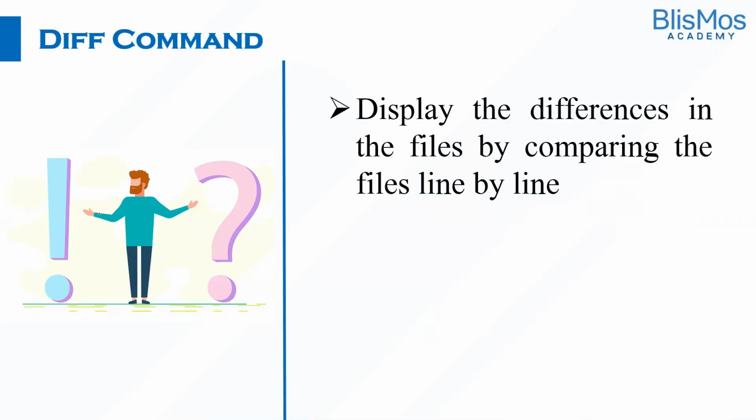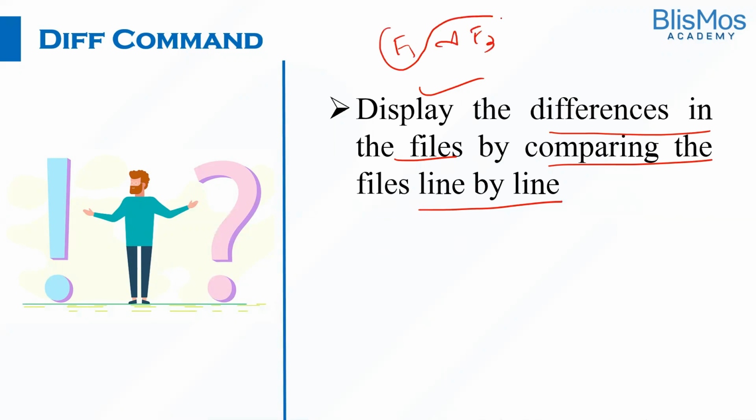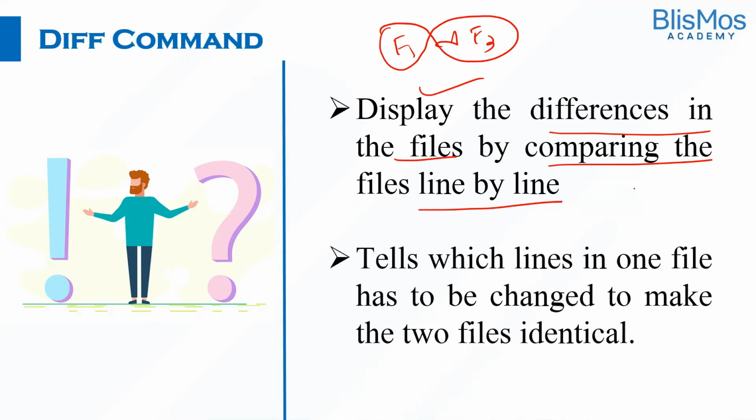Diff command is used to display the differences in the files by comparing them line by line. When you compare file 1 and file 2, it compares these two files line by line and tells us what the differences are. An important aspect of the diff command is it tells us which lines in one file need to be changed to make them identical.